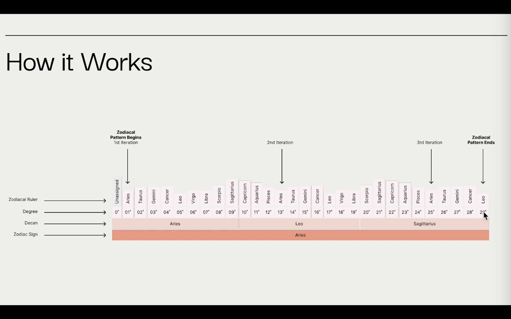So you can see here, Aries ends at 29 degrees. So we could say the next zodiac sign, which is Taurus, could start at 0 degrees, or we could say that it starts at 30 degrees. But for the sake of this example, let's go with the 0 degrees starting at the beginning of each zodiac sign.